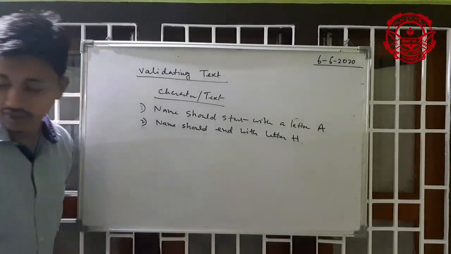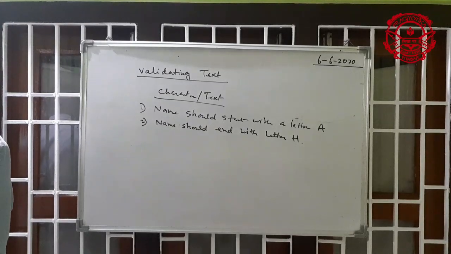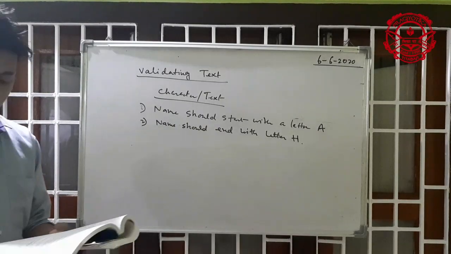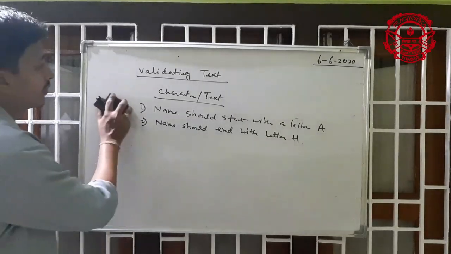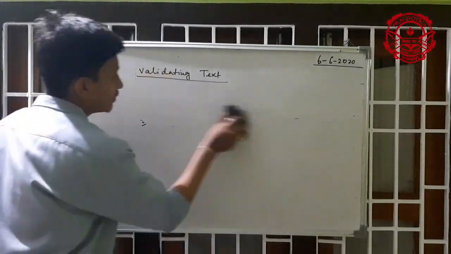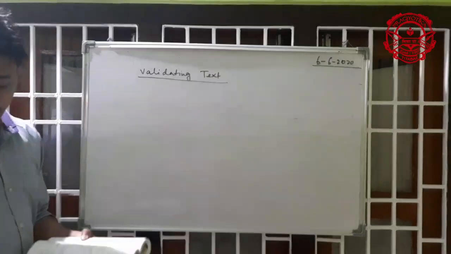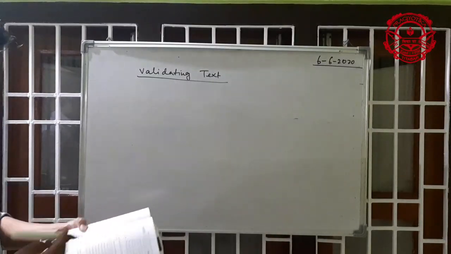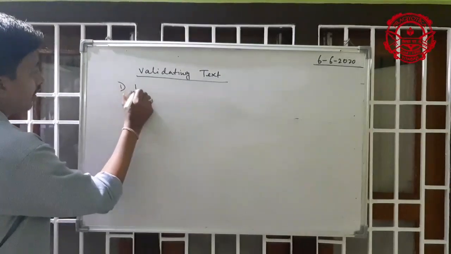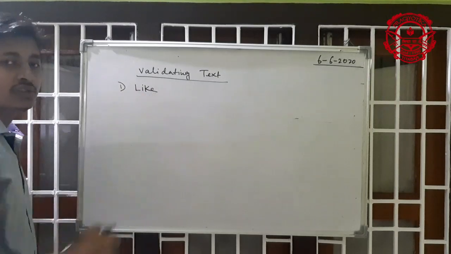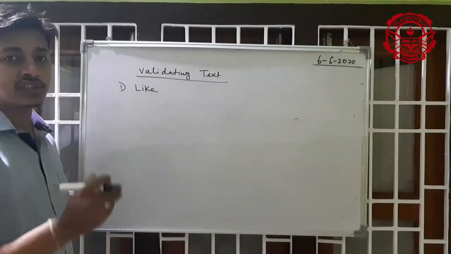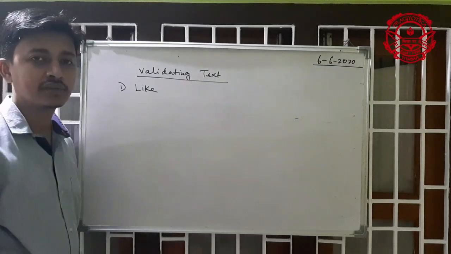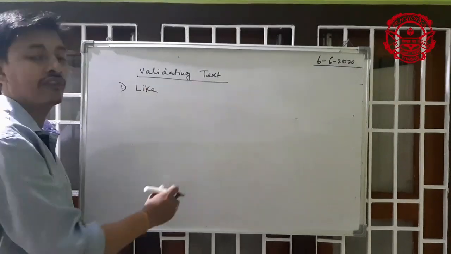Now you can see in the book there is also a table given here: validation expressions for text. First one, Like. Always we have to use the Like operator when validating text.